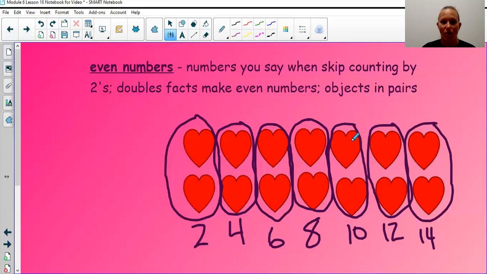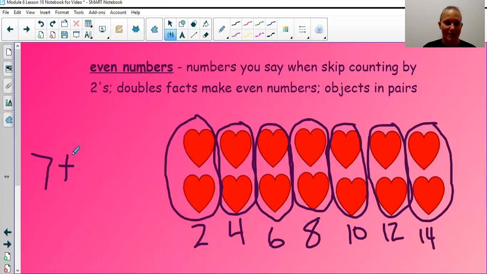We know that because all of the hearts have a partner to make a pair. We didn't have any hearts left over. We also know that because when we skip counted by twos, we said the number 14. And the last reason we can prove that 14 is an even number is because I started with 7 hearts.